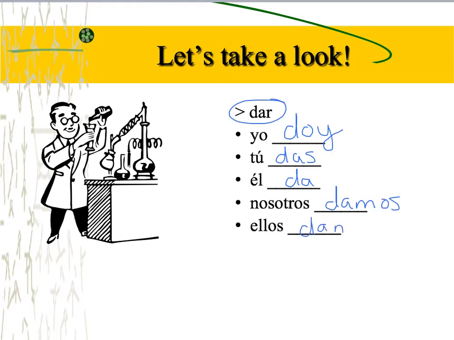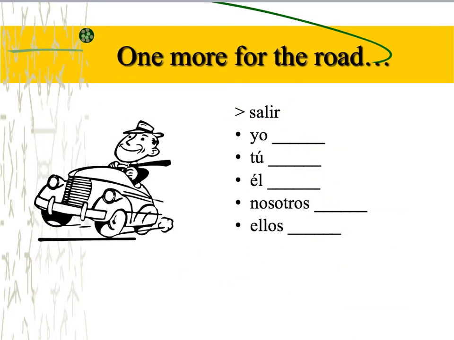So you just remove your ending, and the only root that you're left with is d, and then you have to add on the correct endings, like a regular AR verb, except for it has a special yo form, so oy, as, a, amos, an. Okay? ¿Está bien?